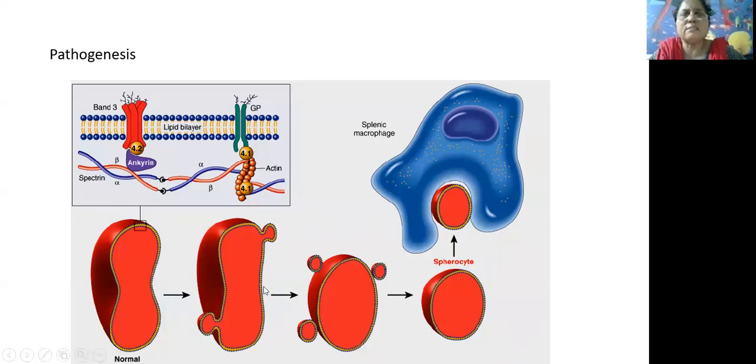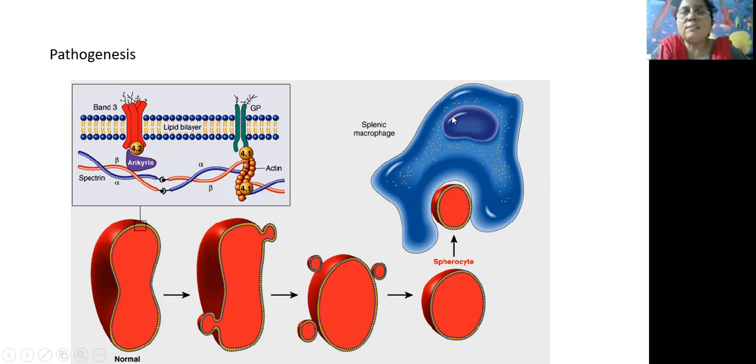This membrane is not stable, not deformable. So small microvesicles are thrown away, projected out, and because of that, the cell becomes spherical, a spherocyte. When it is non-deformable, when these cells pass through the cords of Billroth in the spleen, they are trapped by the splenic macrophages, and they are killed, lysed in the splenic macrophage.